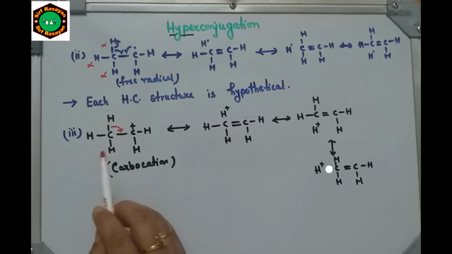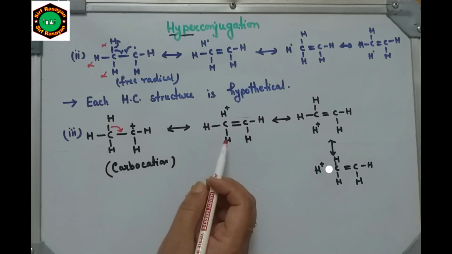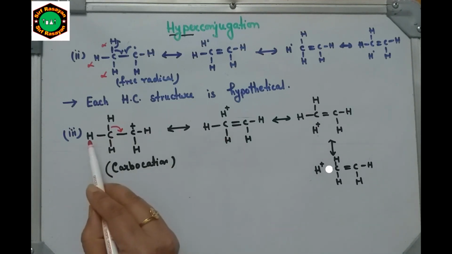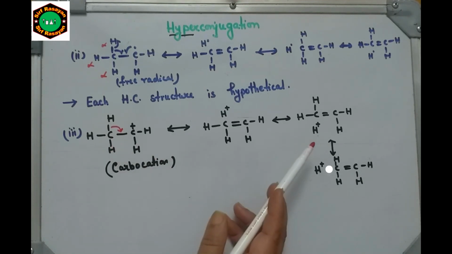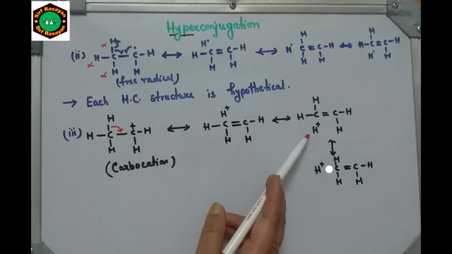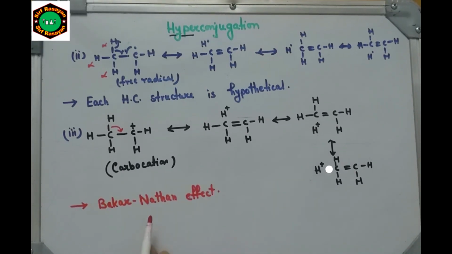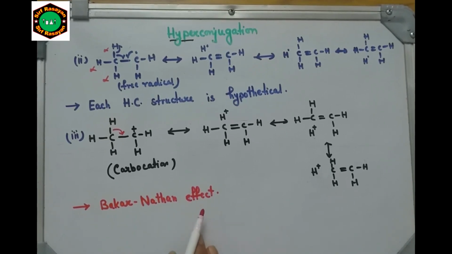We will get this hyperconjugative structure. Similarly, involving this hydrogen atom, we will get this one, and involving this hydrogen atom, we will get this hyperconjugative structure. This effect was first noted by Baker and Nathan, so it is called the Baker-Nathan effect.